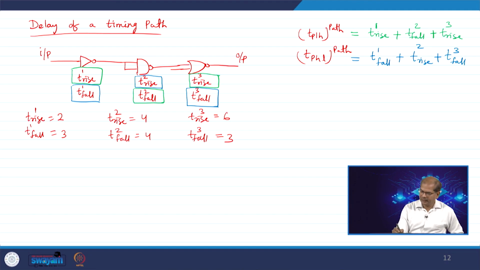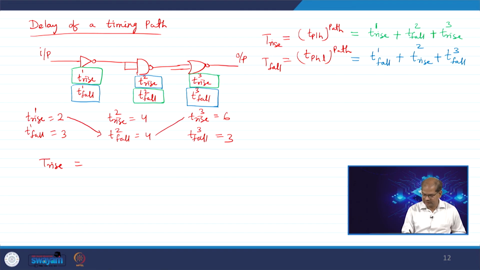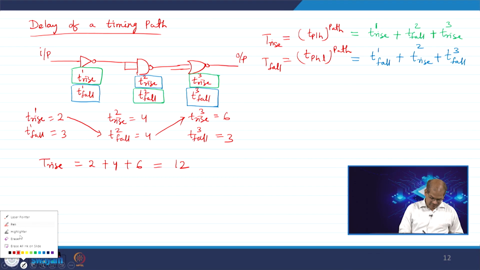Now, I have to find the T rise and T fall of the path. So, now my T rise will be, I need to add like this. So, 2 plus 4 plus 6, it is 12.